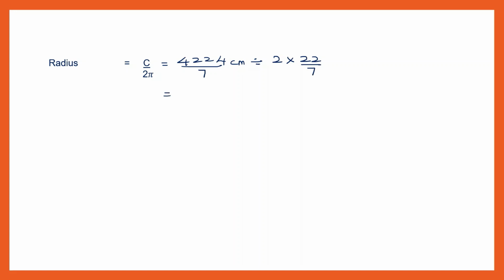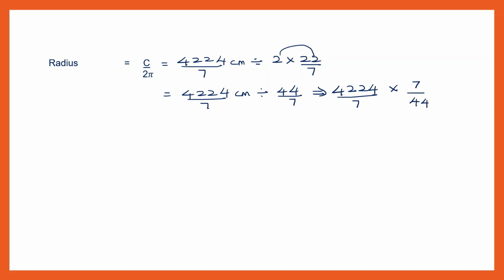So this will be 4224 by 7 centimeters divided by 2 into 22, which is 44, 44 by 7. This will now become 4224 by 7. Division changes to multiplication and we write the reciprocal of 44 by 7. So that becomes 7 by 44.